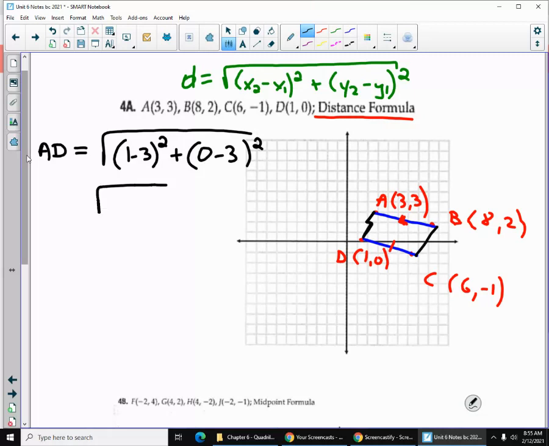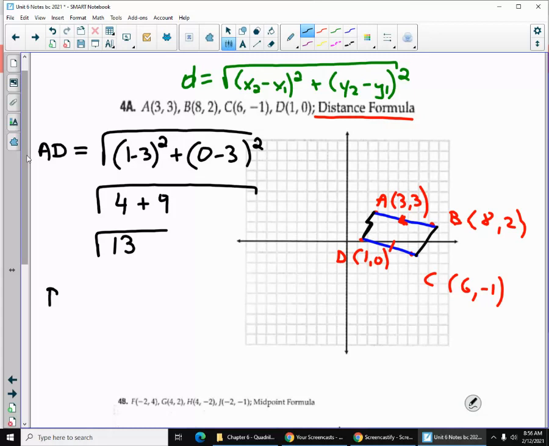And if you finish this, 1 minus 3 is negative 2. Negative 2 squared would be 4. 0 minus 3 is negative 3. Negative 3 times negative 3 is 9. So this will give you radical 13. Okay, you cannot give me a decimal, leave it this way. And then I will find the distance between points C and B. And again, I hope I will get radical 13.